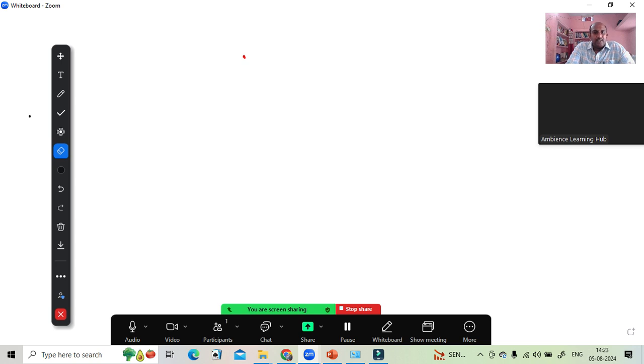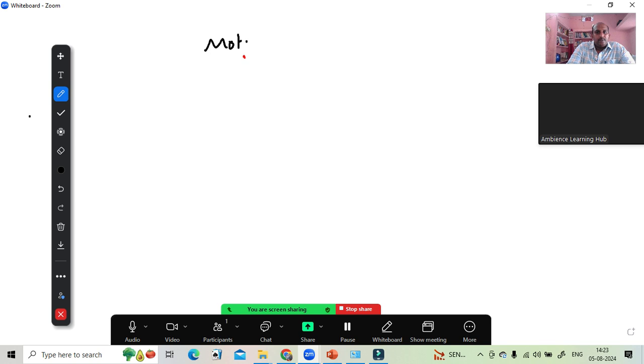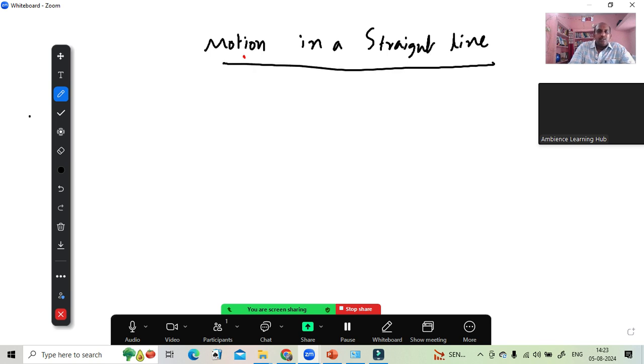Motion in a straight line, Exercise 4, first problem.